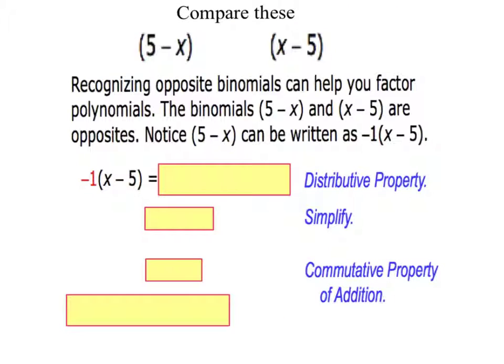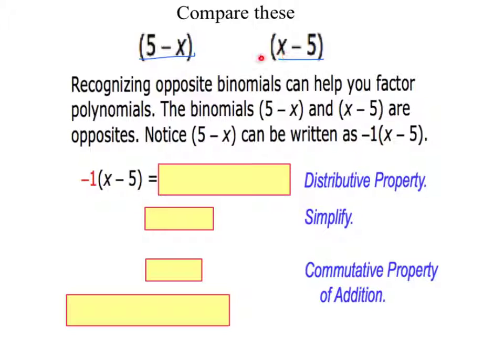In some situations, we're going to look at something like this. Now I want you to see something if we look at something like that. Notice this here is 5 minus y, and this is x minus 5. Notice the difference. This 5 is positive, that 5 is negative. This x is negative, that x is positive. Here's what we're going to play with here.